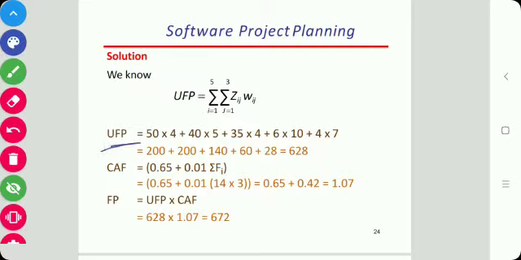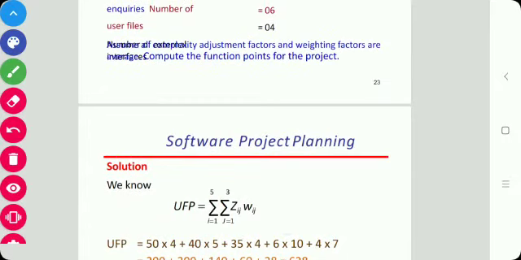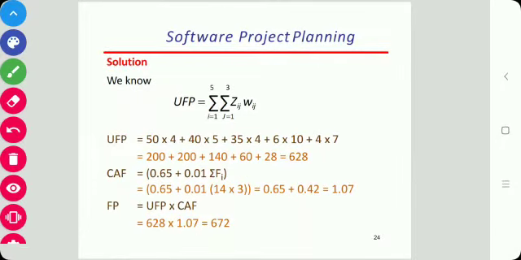As given in the example, there are 50 user inputs and we have to consider all the adjustment factors and weighting factors to be average. So for input, the average value is 4 and the number of inputs are 50.